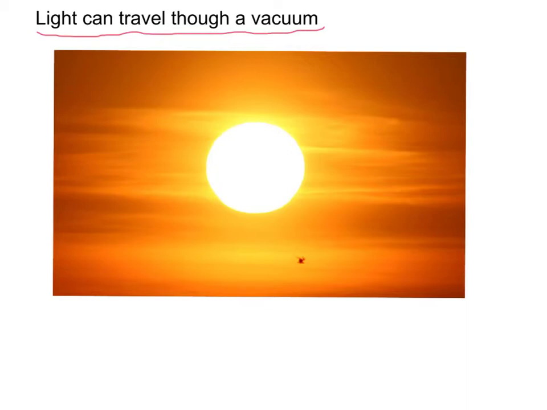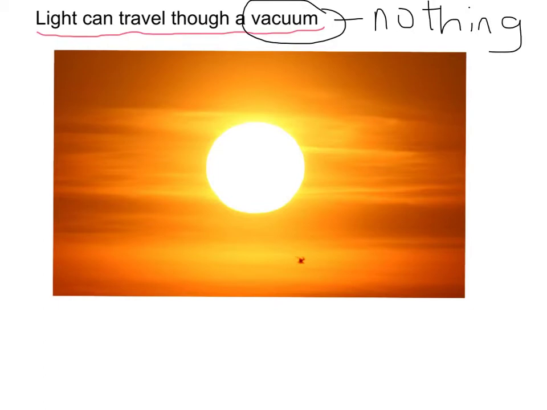Now remember, a vacuum is anywhere that doesn't have anything, so it has nothing. A vacuum means that there is nothing. There's no particles, no air particles, no water particles, no any type of particle. Now, space, remember, is an example of a vacuum, because in space there is nothing.